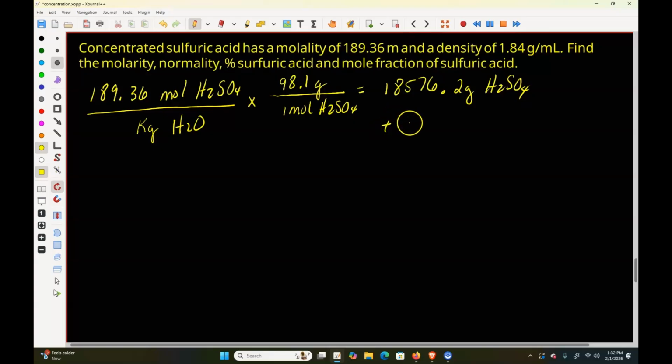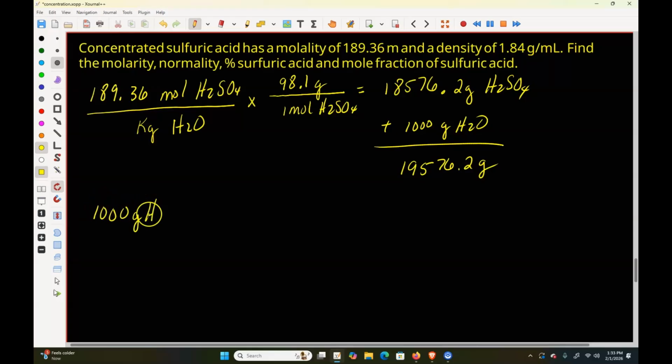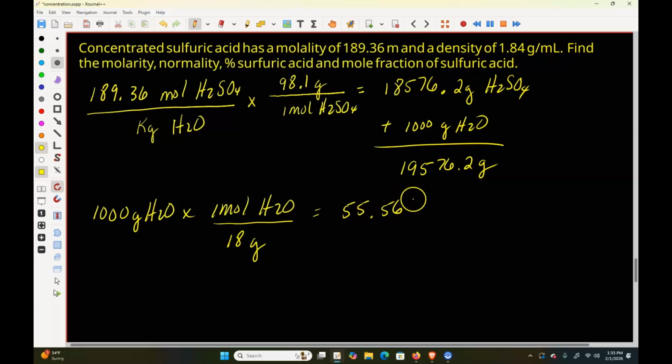If I add my 1,000 grams of water, which is 1 kilogram, that will give me my total mass. So total mass is going to be 19576.2 grams. Let's also take that 1,000 grams of water and convert that into moles. One mole of water is 18 grams. That's going to give me 55.56 moles water.